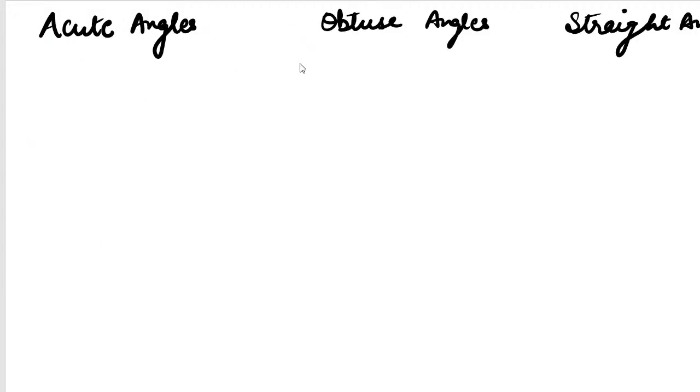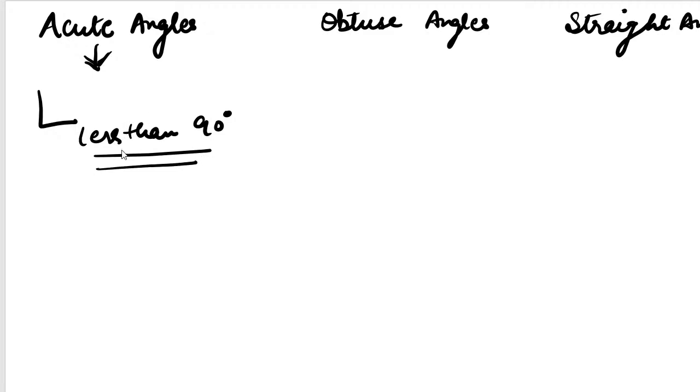We are doing acute angles, obtuse angles and straight angles. Okay, now if I say what are acute angles, we learned about right angles. Now if I say which is an acute angle, so an acute angle is always less than 90 degrees. If an angle is less than 90 degrees, then it is an acute angle.